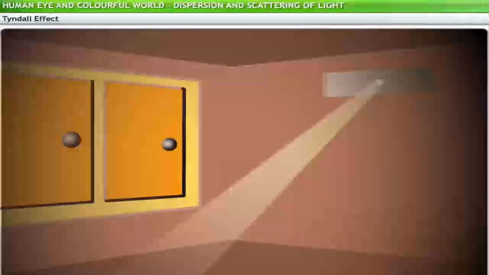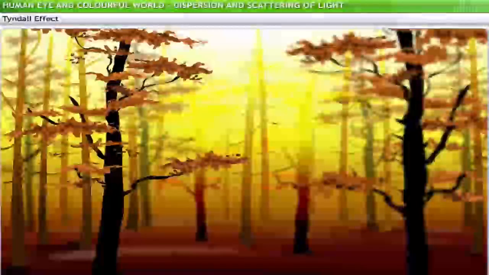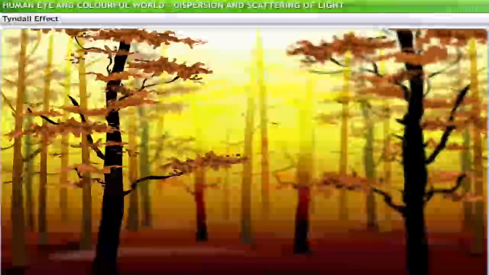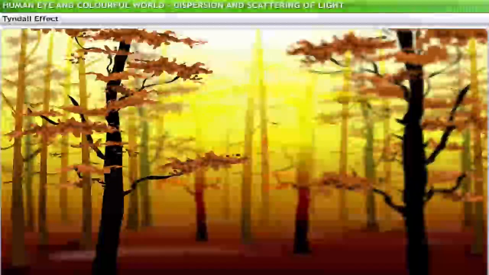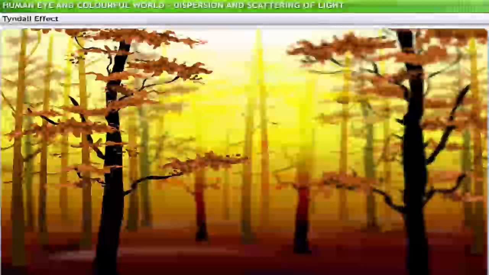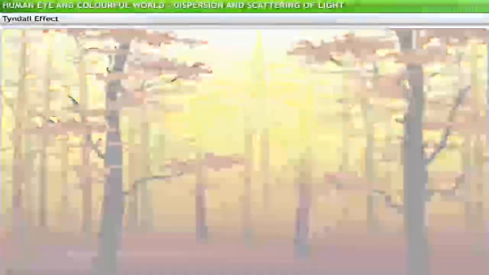This happens due to the scattering of light by particles of dust and smoke in the air. Similarly, when sunlight passes through the canopy of trees in a forest, you can see the Tyndall effect at work again. The mist in the forest contains tiny droplets of water which act as particles of colloid dispersed in air.